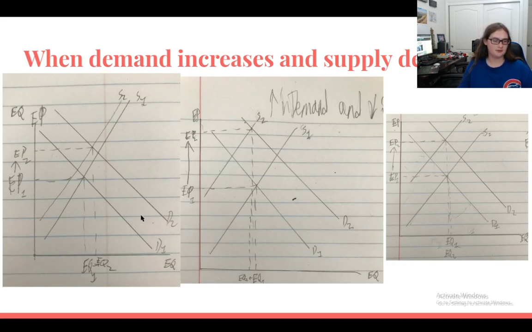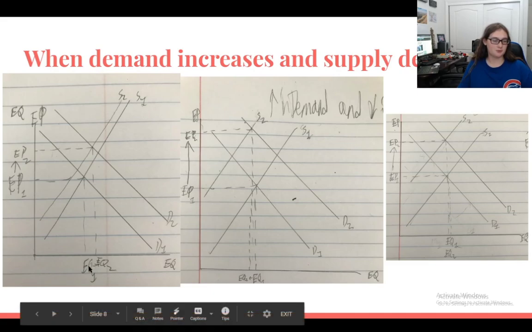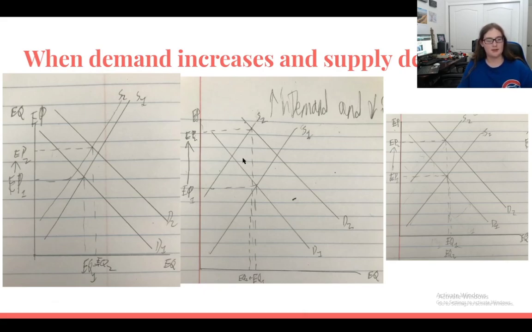On this first one, the demand increased by a fair bit, but the supply only decreased by a tiny bit, as you see here. So equilibrium quantity went up, and the equilibrium price went up as well.